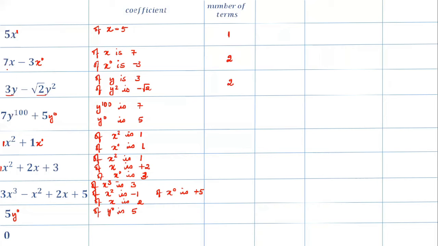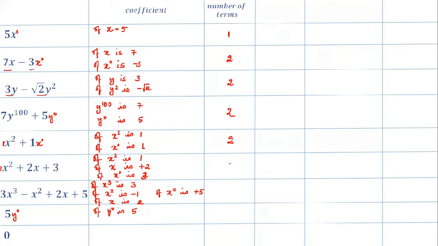Now in 5x to the power 1 the number of terms is 1. In 7x minus 3 the number of terms is 2. In 3y minus root 2y square the number of terms is 2. In the fourth example the number of terms is 2. And next, the fifth example, the number of terms is 2.